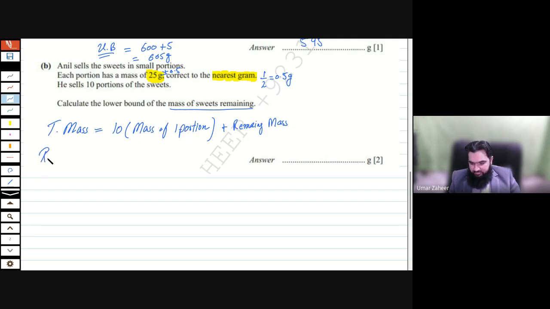We are going to get the equation: remaining mass is equal to total mass minus 10 times the mass of one portion.